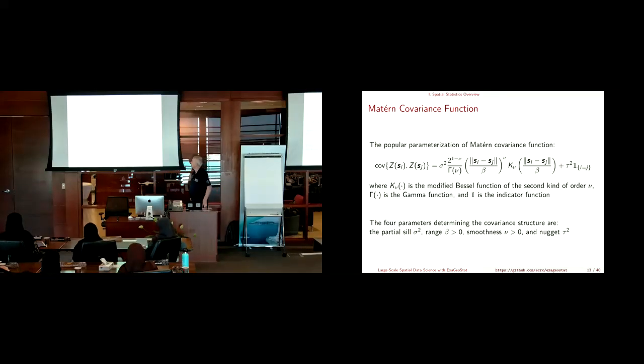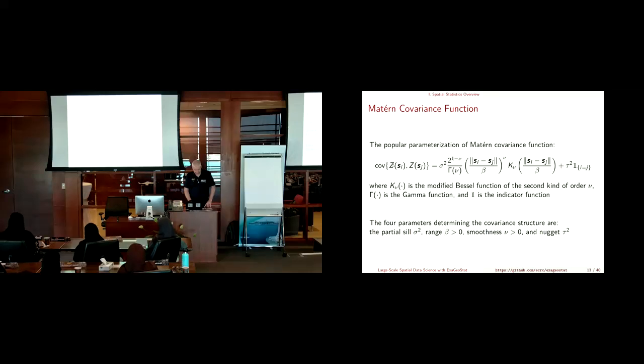So there are different models of covariance function. As we just saw before, we cannot take any model. It has to be a valid covariance function in the sense that it has to be positive definite. So you can study in mathematics what are models of positive definite functions. And here's a popular model called the Matern covariance function.